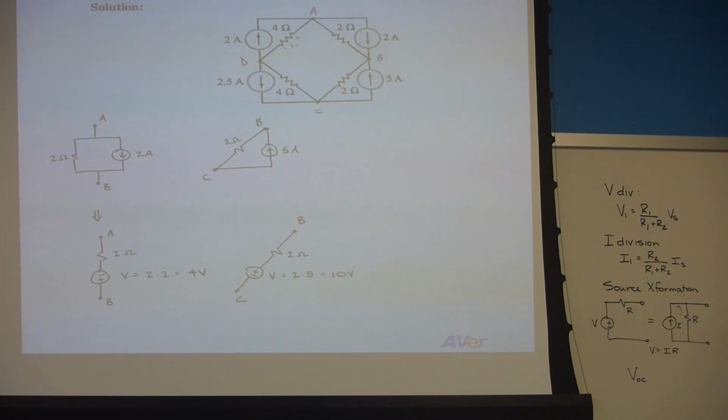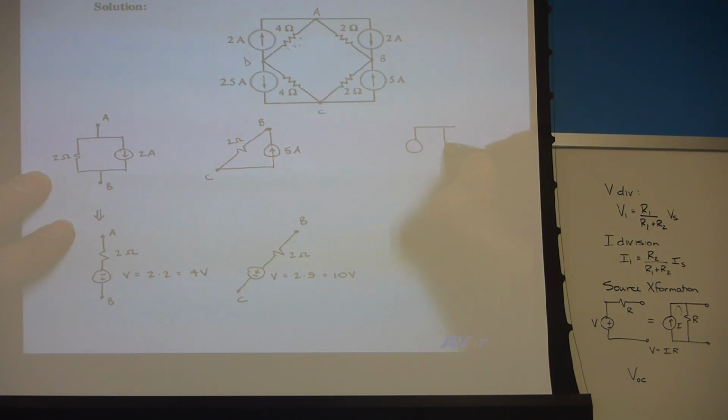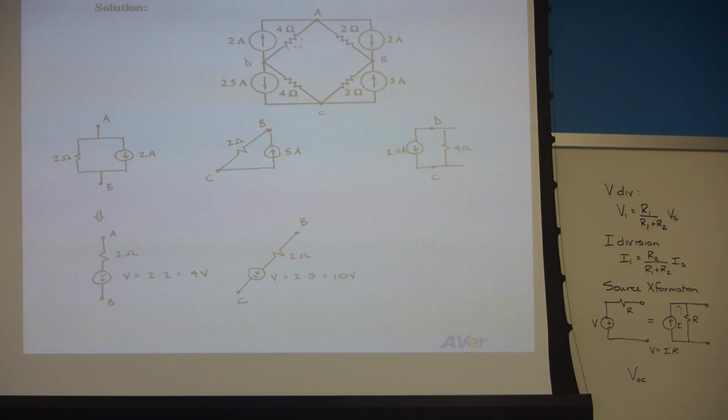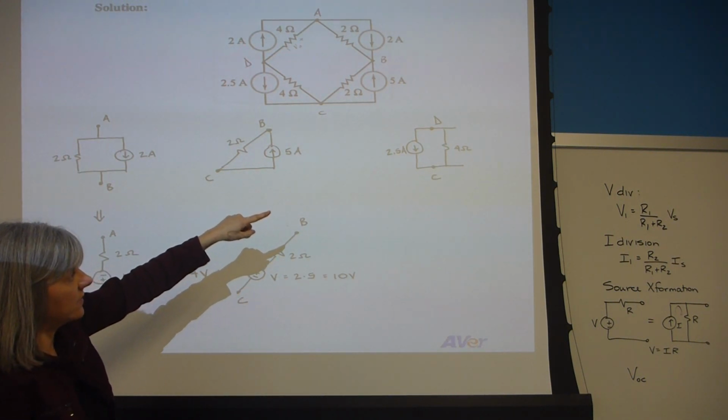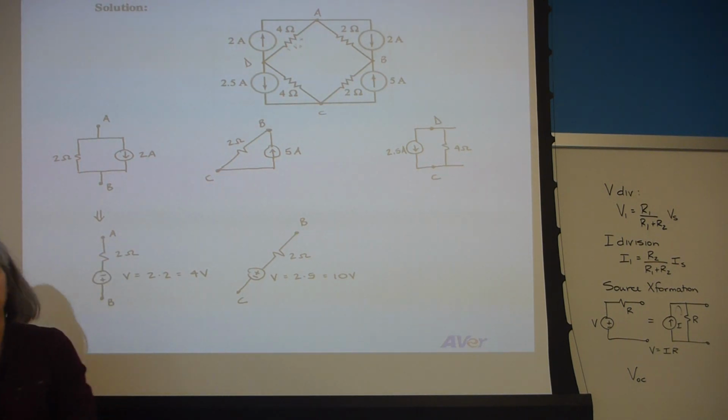All right, let's look at D and C to D. Let's draw this one this way. So again, make sure we agree that that's correct. So the 2.5 amp and the 4 ohm resistor are both connected between D and C. So that's correct.